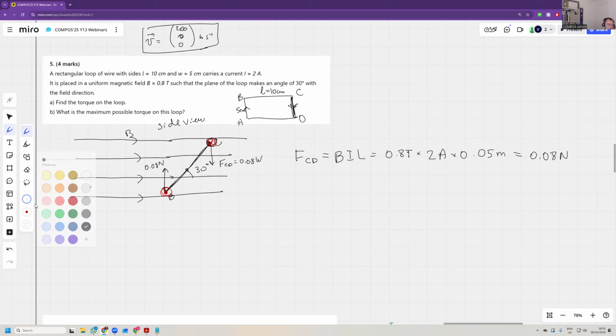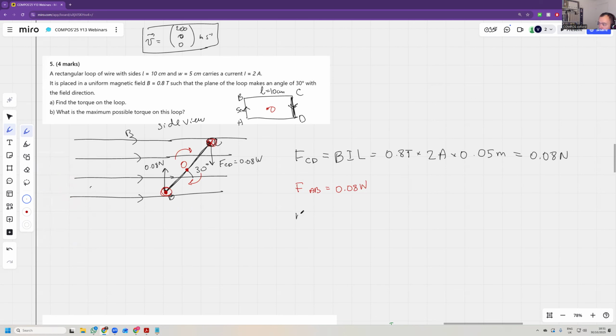The torque is the moment, and it's the moment about the center. Let's call it point O. It causes a clockwise moment. So this magnetic field will cause the coil to turn clockwise, and we have the moment. So force on AB is also 0.08 newtons.